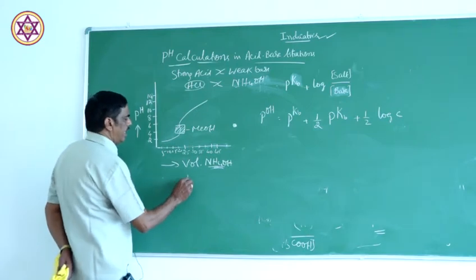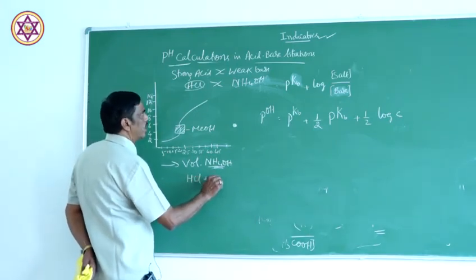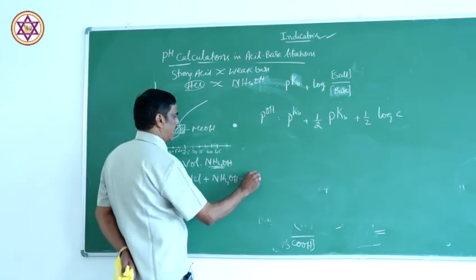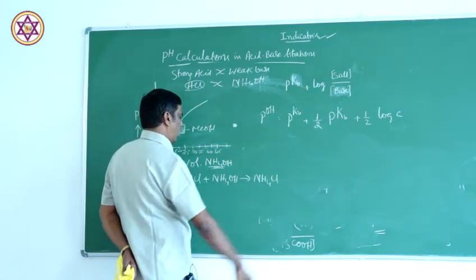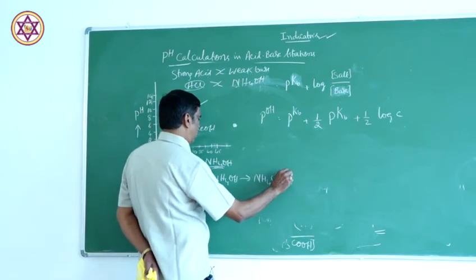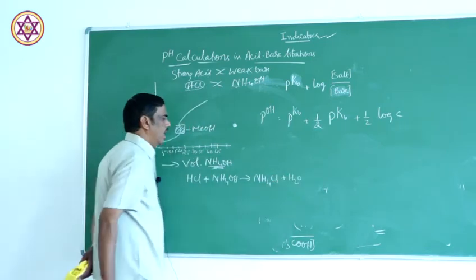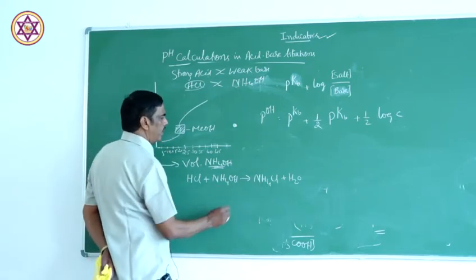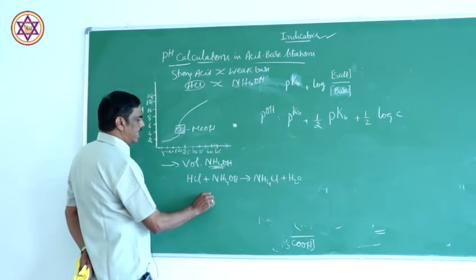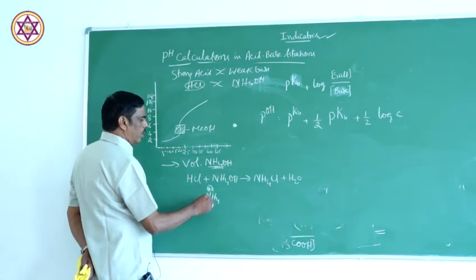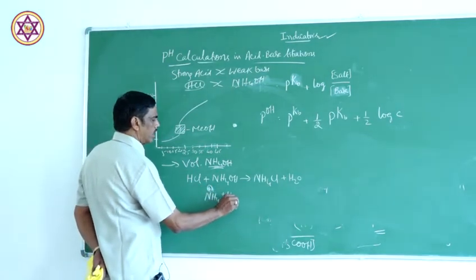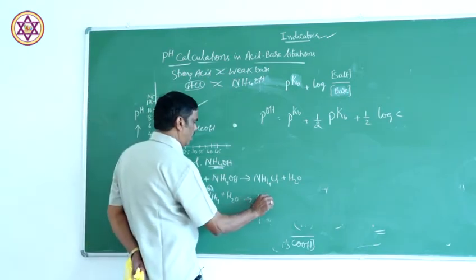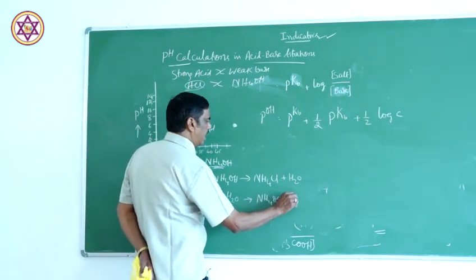Actually, the reaction here is HCl reacts with ammonium hydroxide to form ammonium chloride and water. So this ammonium chloride is the salt of a weak base and strong acid. Here this ammonium ion undergoes hydrolysis to form ammonium hydroxide and H+.